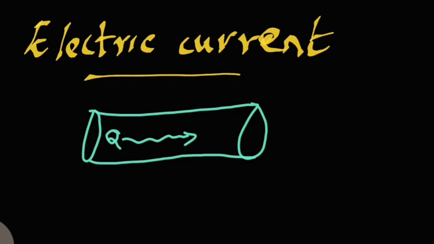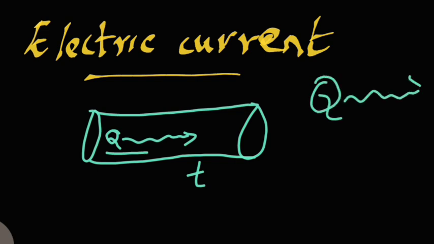Conductor means through which the electric current can flow. And also let us suppose that T is the time through which the charge is flowing. So an amount of charge Q is flowing through a conductor in a time T seconds.